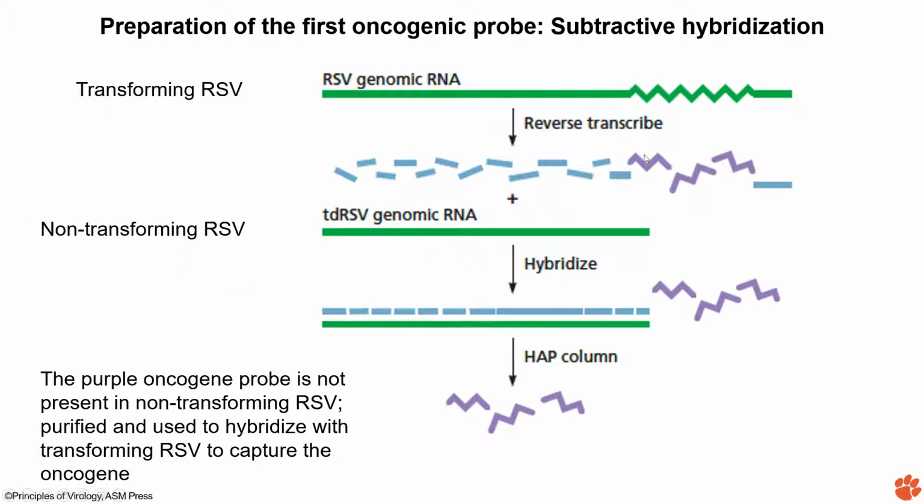They took all these probes and hybridized them with it. After hybridization, they passed that through a hydroxyapatite column. The hybridized probes got stuck on the column, whereas the probes which did not hybridize with the non-transforming RSV RNA genome came out.